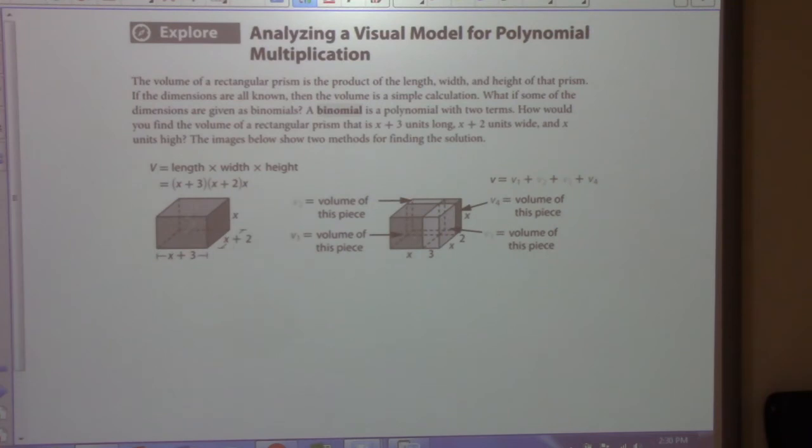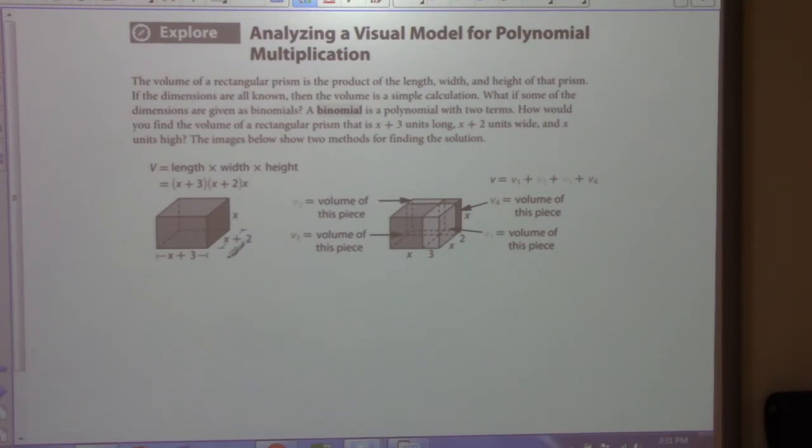this first example. We have the example of a rectangular prism, which is a fancy title for a cube or a box, right? A cube is like a special case of a rectangular prism where length, width, and height are the same.